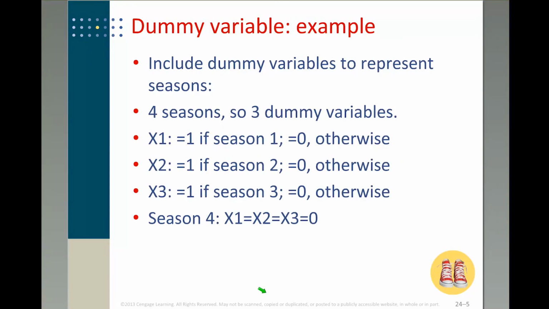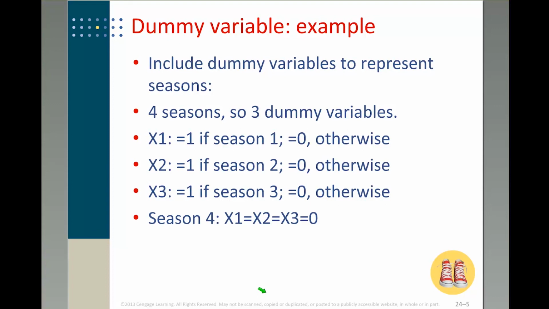Suppose in analyzing revenue data for a retailer, we realize that the season matters. That is, if you look at the data, there's seasonality in it. And we still want to run regression analysis to analyze the revenue data, at the same time include the 4 seasons.